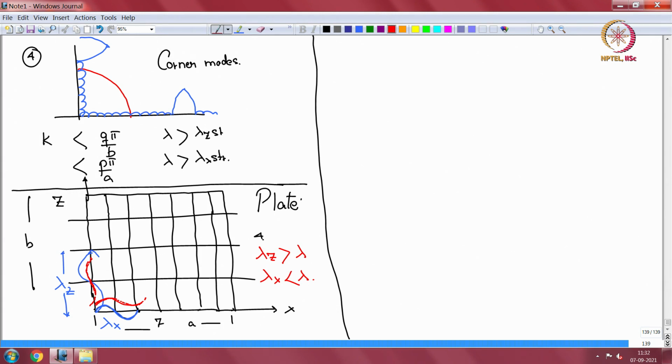If lambda Z is bigger than lambda, that means Kz is smaller than K. So with respect to the Z modal wave number, we are above coincidence, and lambda x is less than lambda means kx is greater than k, which means we are below coincidence with respect to x.